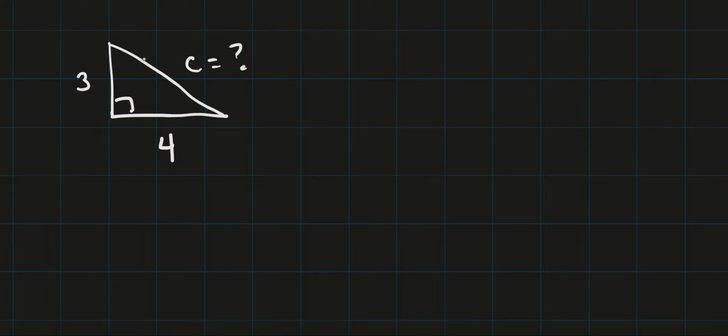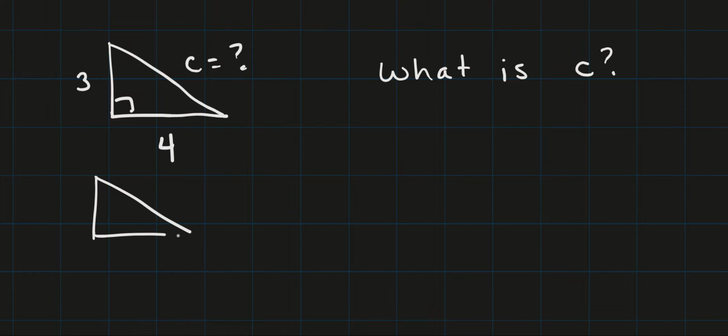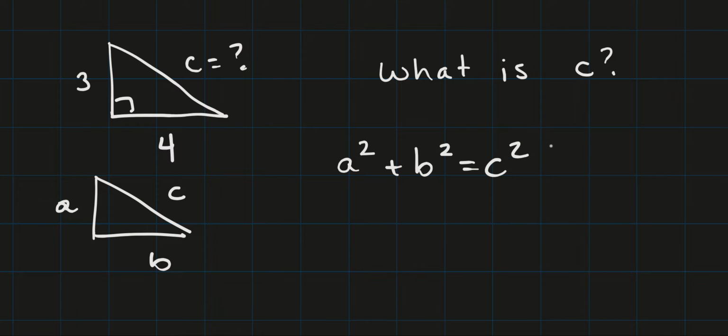Okay, so suppose we have a right triangle, and I tell you this side is 3 and this side is 4. What is the length of this longest side? What is C? Well, looking back at what I drew, this is A, this is B, this is C. We know that A squared plus B squared is C squared, and that's how you're going to find C. You're going to solve for C here.